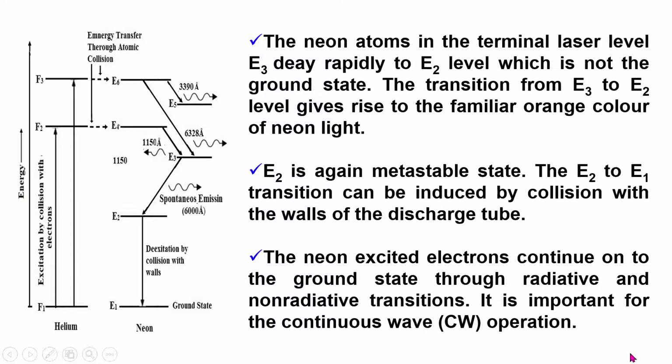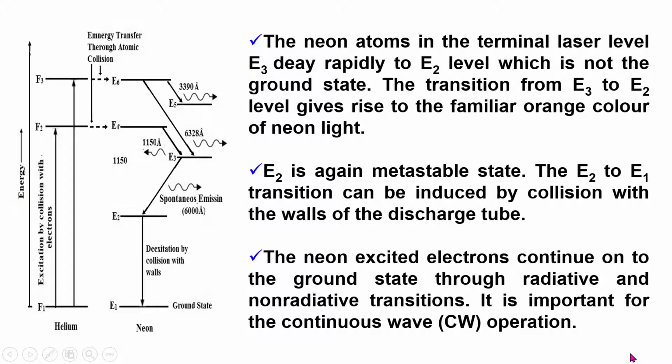During this transition E2 to E1, it is a non-radiative transition. Thus, in this energy level diagram, when the neon atoms go from the higher energy state to the lower energy state, that is the ground state energy level, we observe some radiative and non-radiative transitions.